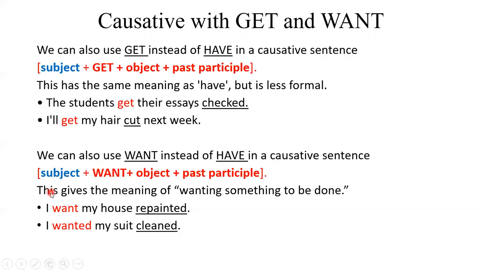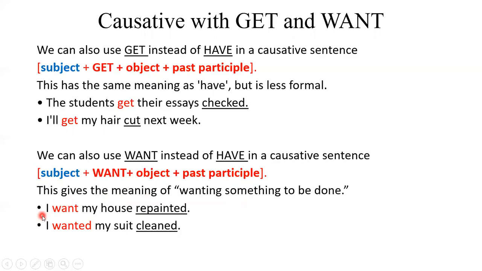But what is the difference between want and have? Want gives the meaning of wanting something to be done. So you want something to be done, but you don't necessarily ask for it or do it or pay someone or persuade someone to do it.